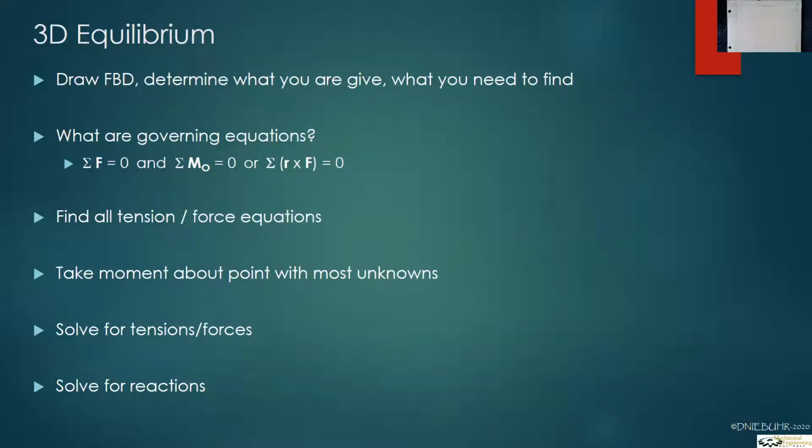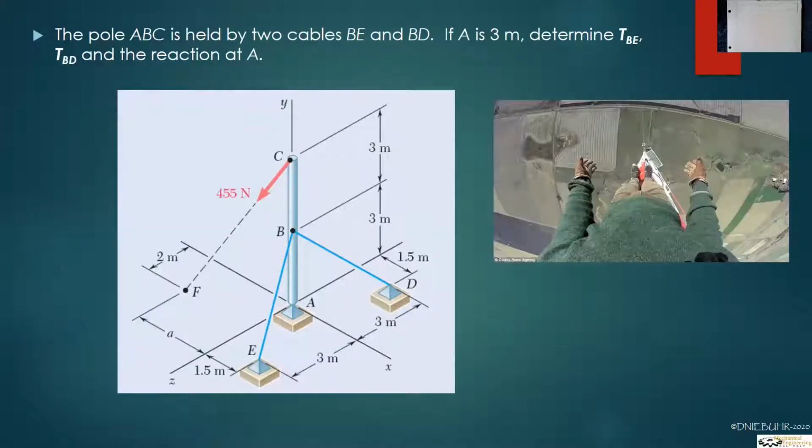So it sounds easy on paper, but let's walk through a problem, and that way you get an idea. In this example, instead of writing it out in front of you, I'm going to show you each step. So here we have this telephone pole.